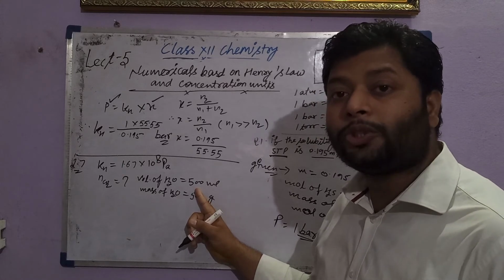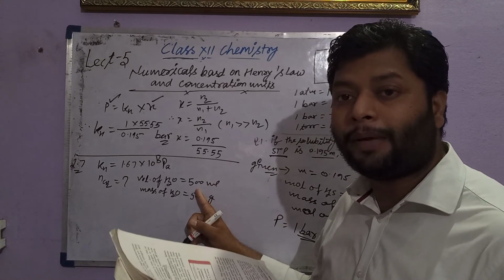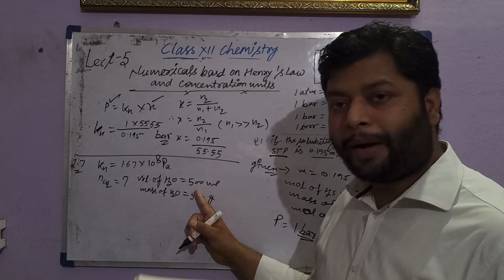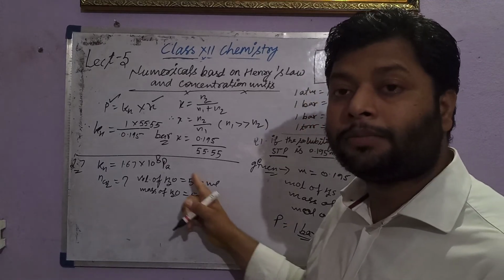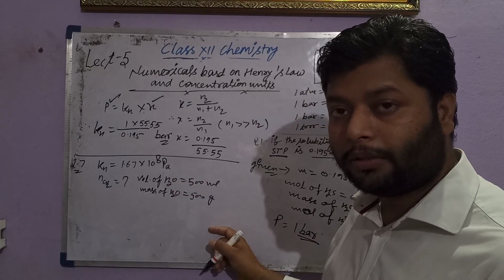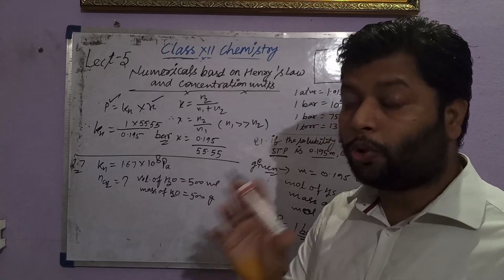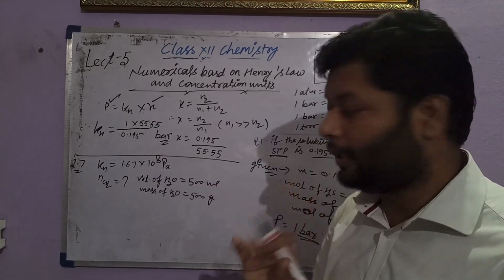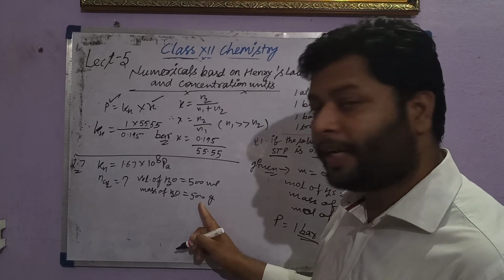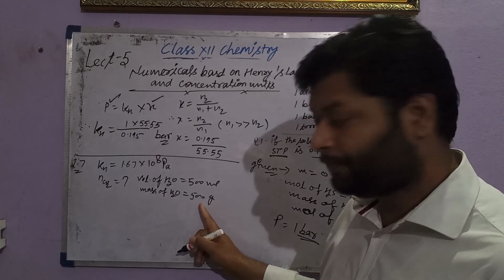Soda water is a solution of volume 500 ml, so the volume of solvent will be the same, because the soda is negligible in amount. The mass of water will be 500 gram because the density is 1.